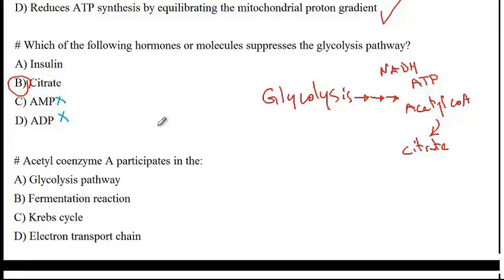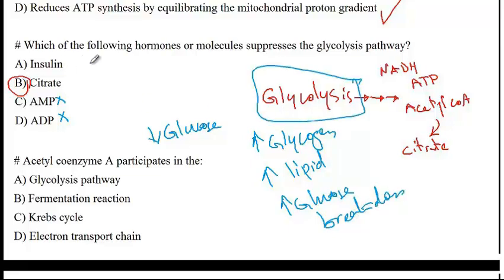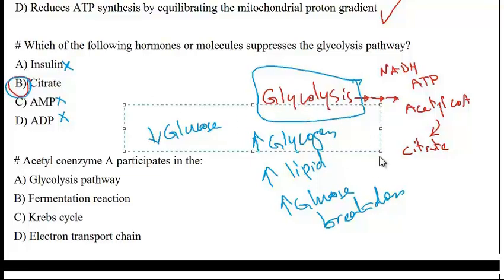The function of insulin is to decrease the blood glucose concentration by any means possible: increase glycogen synthesis, increase lipid synthesis, or increase glucose breakdown, which is glycolysis. So insulin will enhance glycolysis, it won't suppress it. So that is also an incorrect answer. And so choice B is the correct answer here. All right, next question.